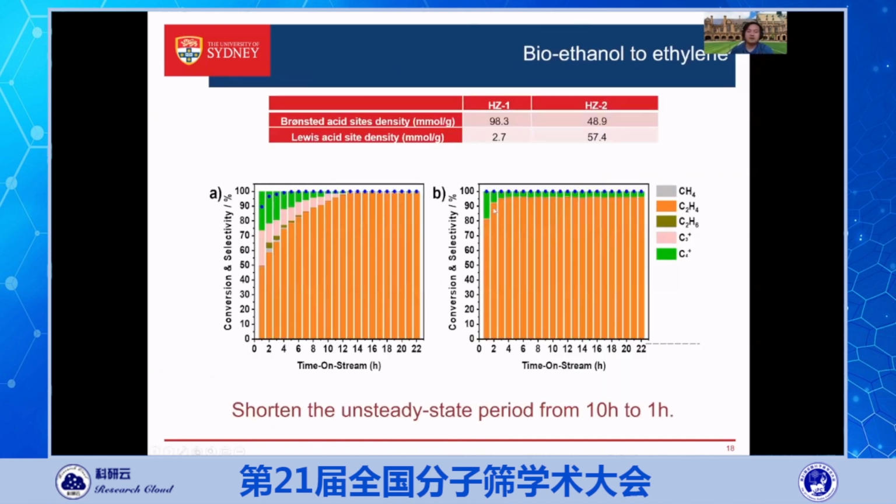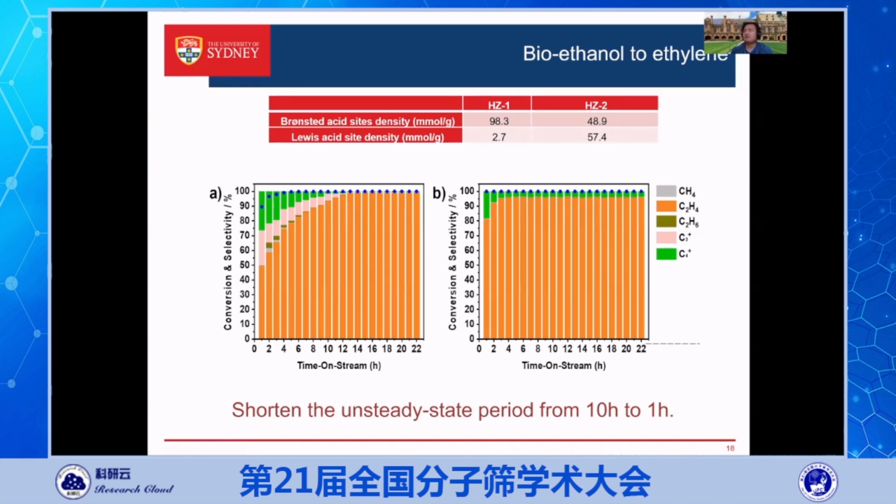So here, for the bioethanol dehydration, we can find that without the strong Lewis sites, they need a 12-hour induction period. But if we introduce the strong Lewis sites, balancing both, we can find it is shortened to around 1 hour for the induction period.